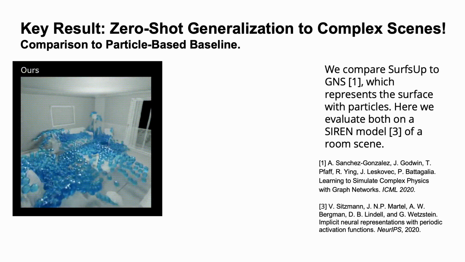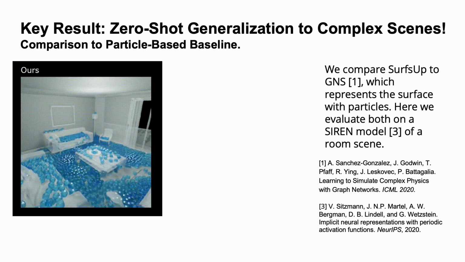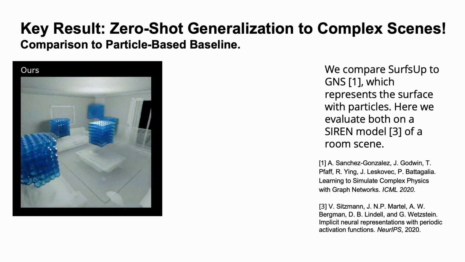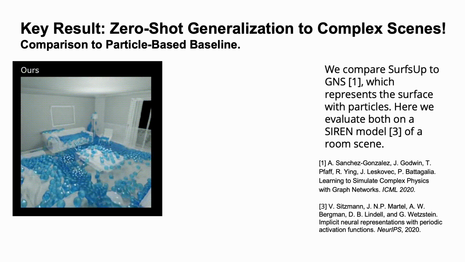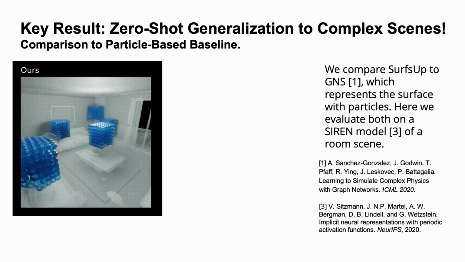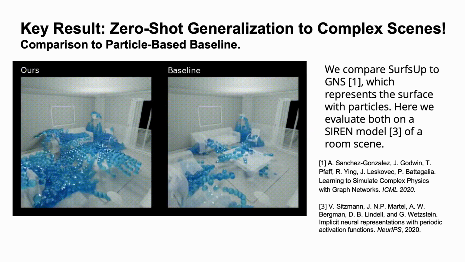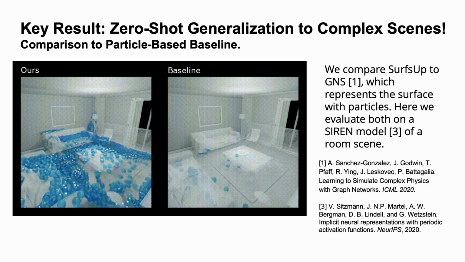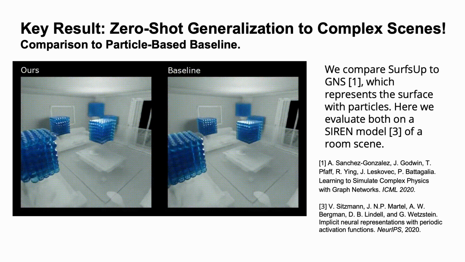That model generates our SDF features, and SurfsUP is able to do accurate simulation in this much more complicated, larger scene than anything it's seen during training. If we compare that to a baseline that represents the surface as particles, we see that the baseline in this case simply cannot represent the surface with the resolution required, and so the fluid simply falls through the surface.